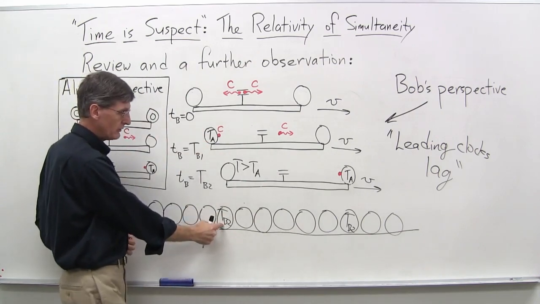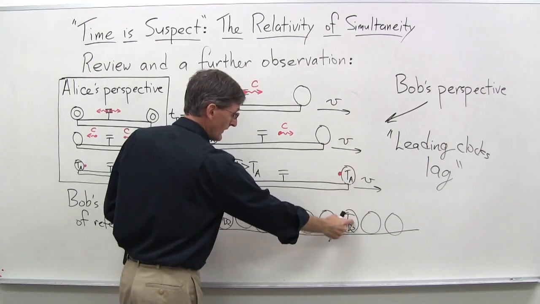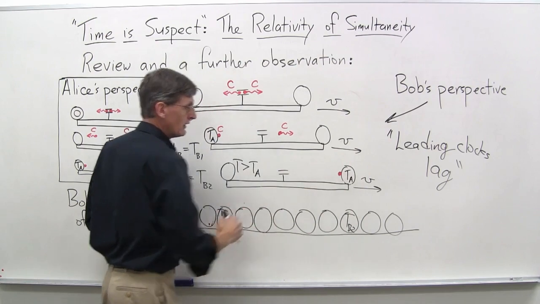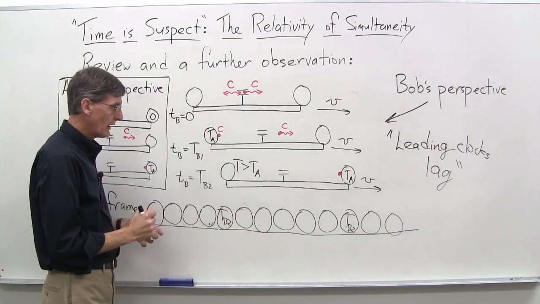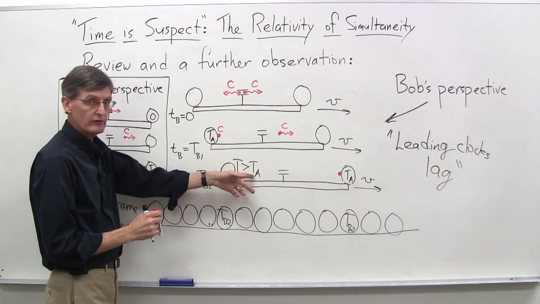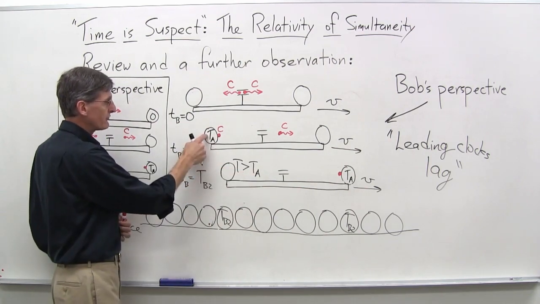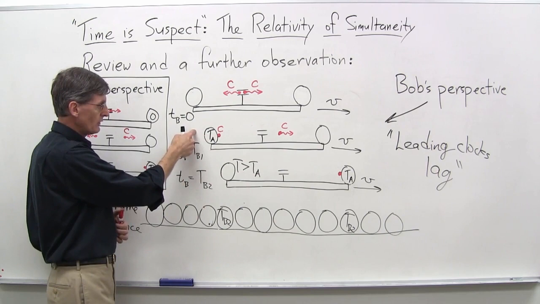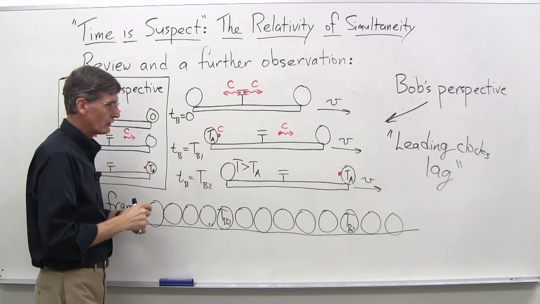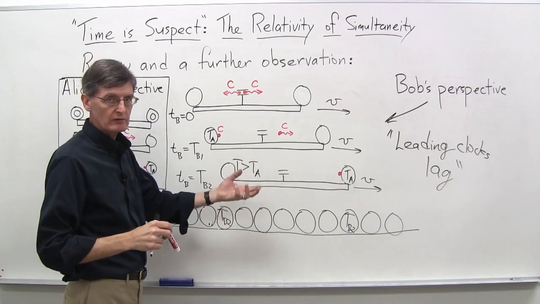His clock would read T sub B2. He'd take the flash photo at the same time as far as he's concerned. He'd see Alice's clock read T sub A, but he'd see this clock of Alice's reading a time greater than T sub A because this clock passed T sub A earlier when that light pulse hit. And so again, leading clocks lag.